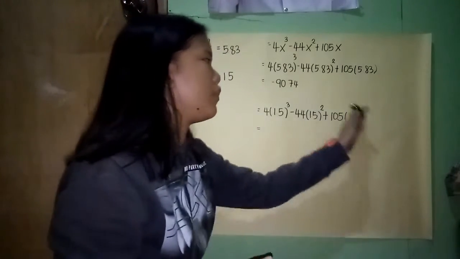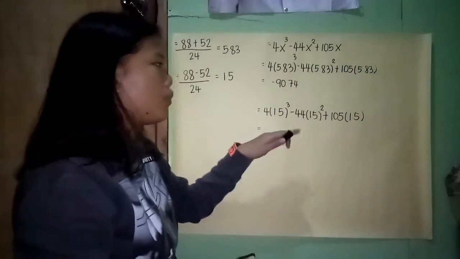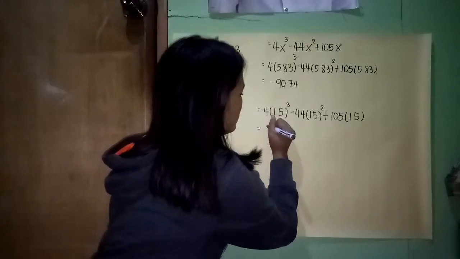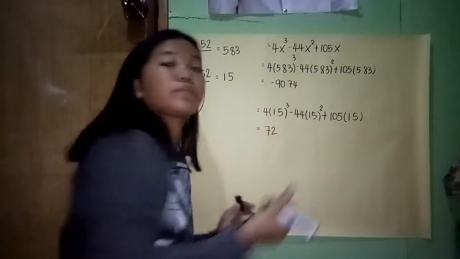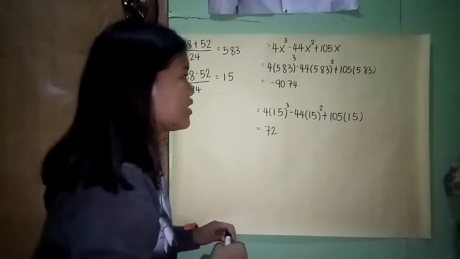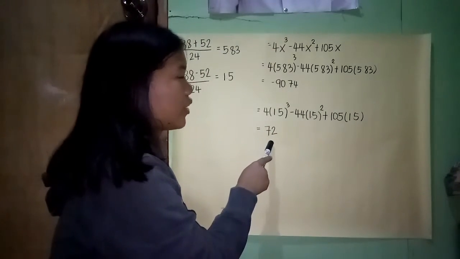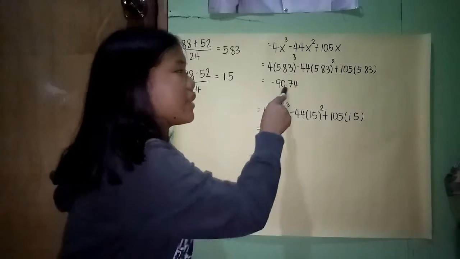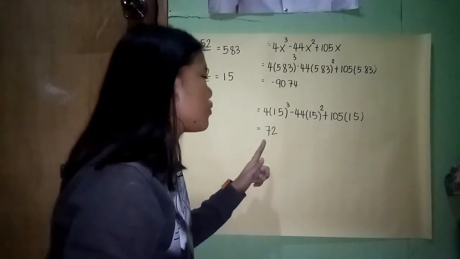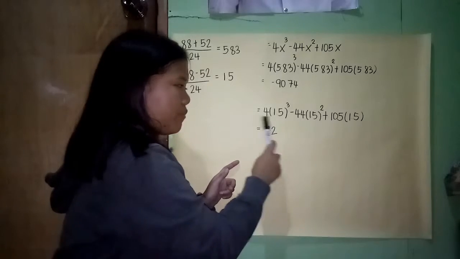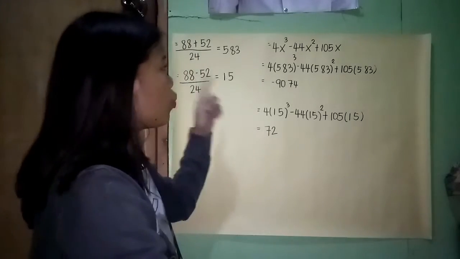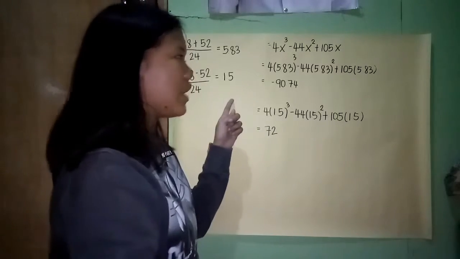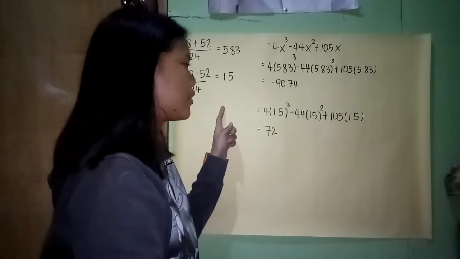If we solve this equation, we are going to get 72. Since 72 is greater than negative 90.74, this is our maximum volume. So that means that 1.5 is the edge length of our cutout squares.